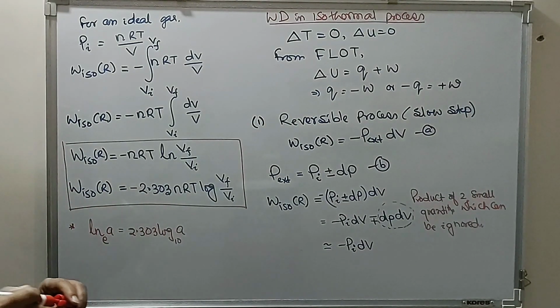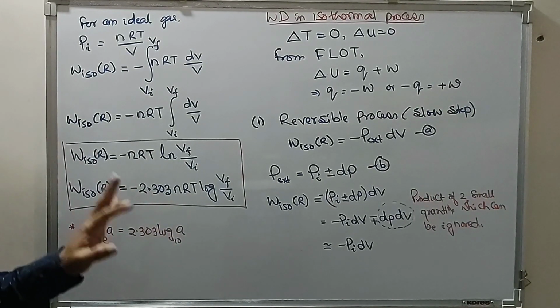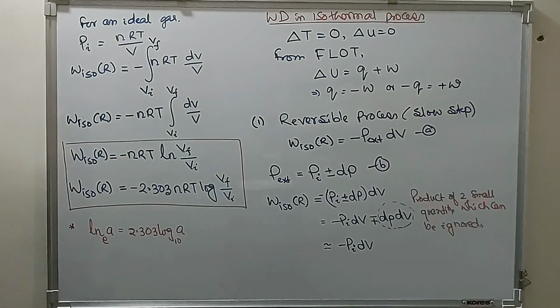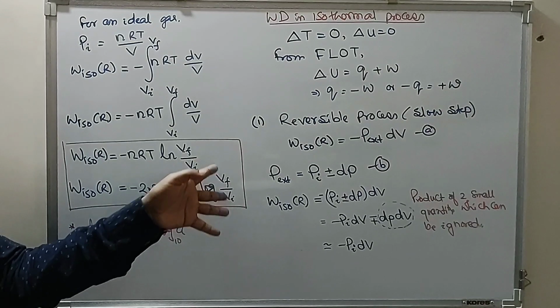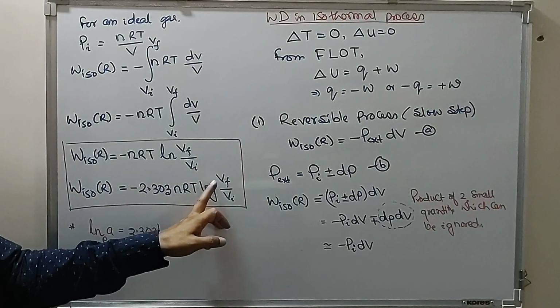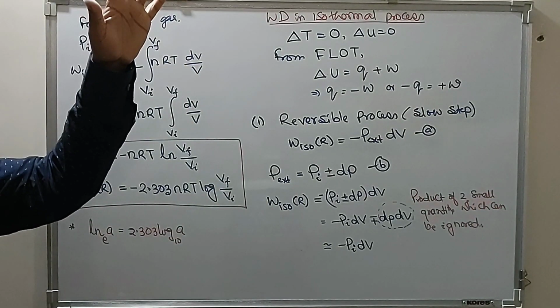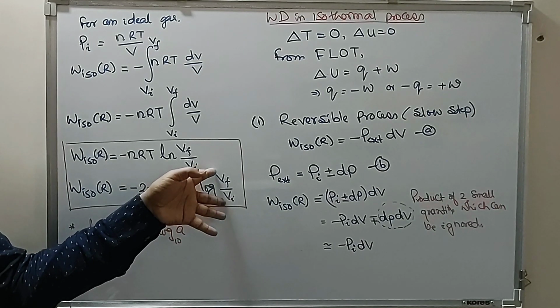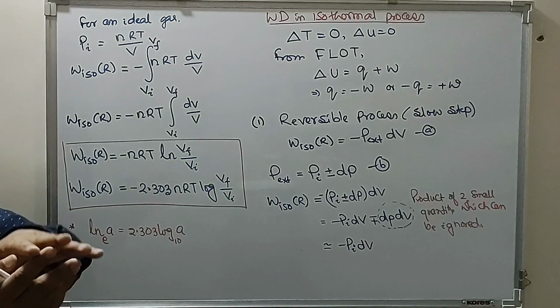So if you look at this equation very carefully, let this be equation C. If the ratio Vf by Vi is greater than 1, that means the final volume is greater than the initial volume, so there is expansion work. Work done comes out to be negative, that is work done by the system.